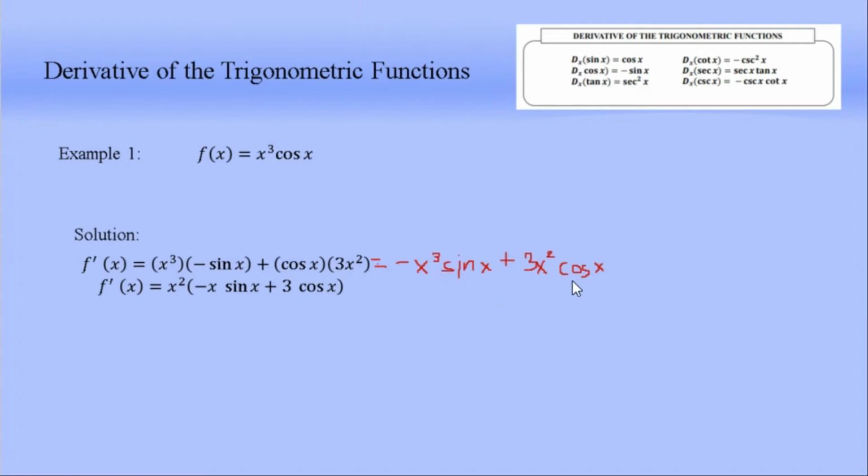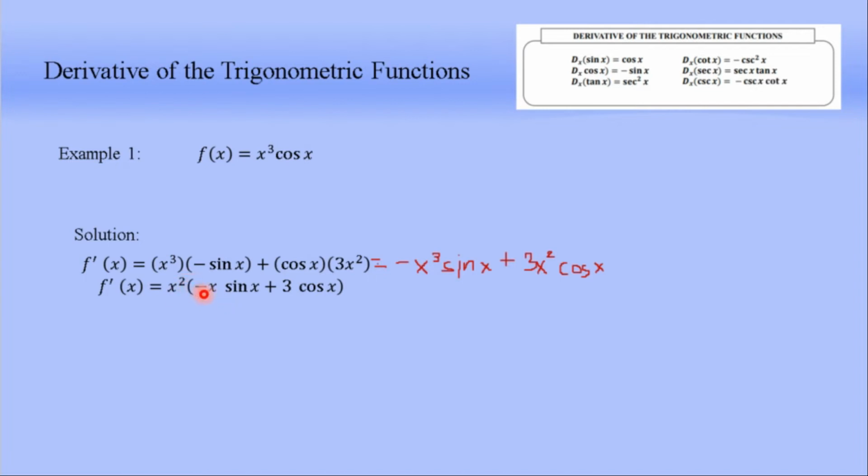So yes, and then as you can see, we can factor this. We have the same variable x. And so what we can do is factor x squared, so bring it outside, and then remove what makes the other terms x squared.